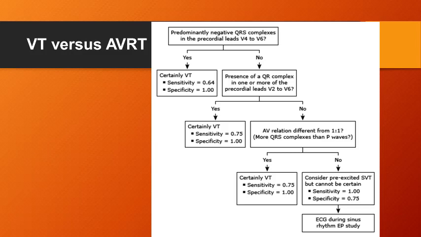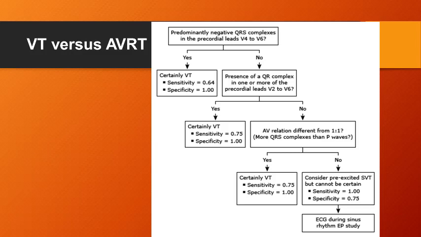If the polarity of the QRS complex is predominantly positive in V4 through V6, the ECG should be examined for the presence of a QR complex in one or more of the precordial leads, V2 to V6. If the QR complex can be identified, VT can be diagnosed. Next, if a QR complex in leads V2 through V6 is absent, the AV relationship is then evaluated, the AV dissociation.